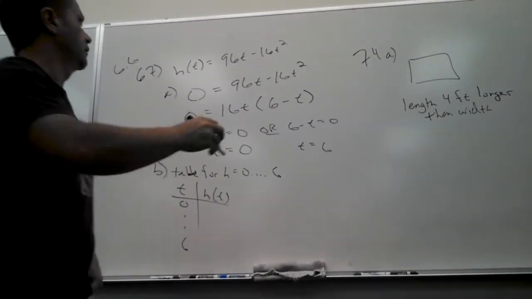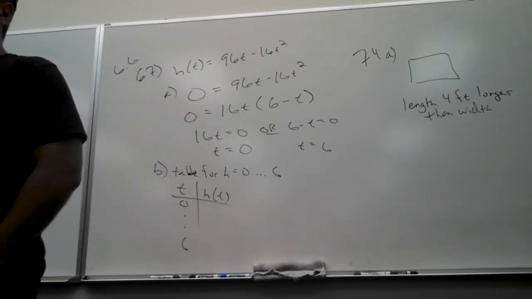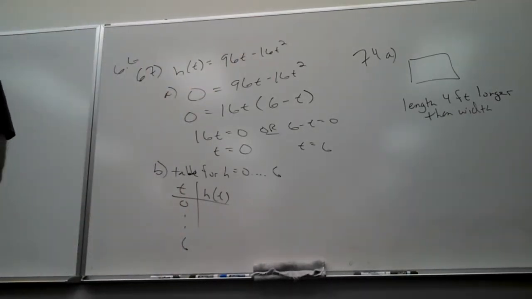This is number 74 in 6.6. Can you label that picture for me correctly using the information that I've given you? Do it. Don't say anything.